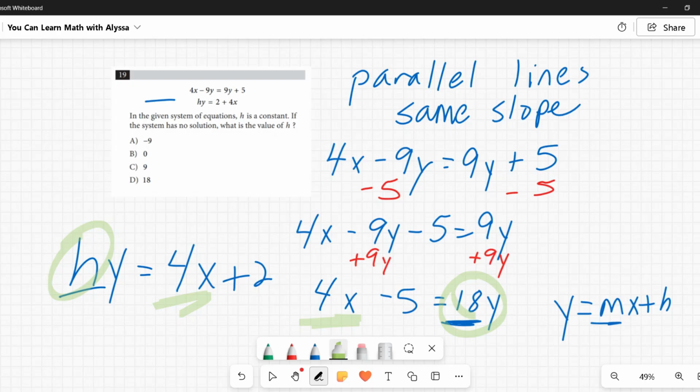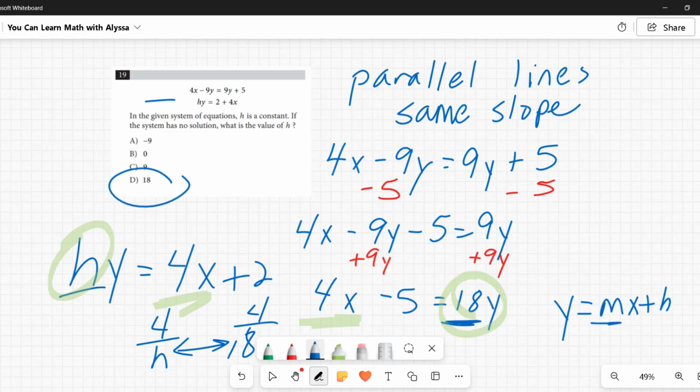On this side you end up with 4 over h as the slope, and on the right side 4 over 18 is the slope. What must h be? h must be 18. So that is going to be D.